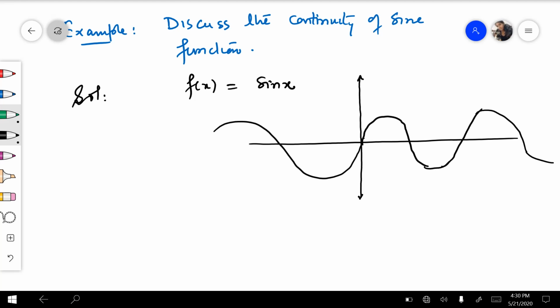In the same class, we have defined that the domain of this function is the set of real numbers and the range of this function is -1 to 1, where -1 and 1 are included.